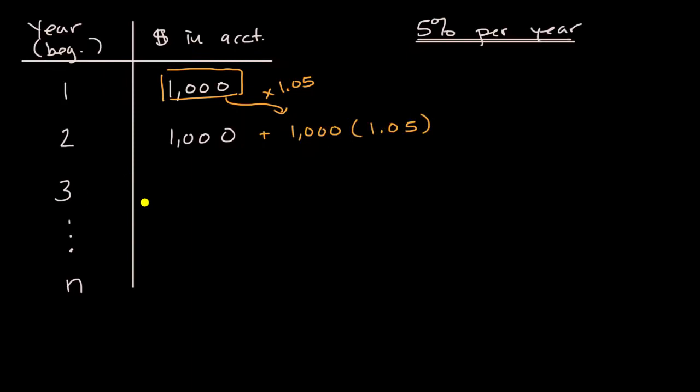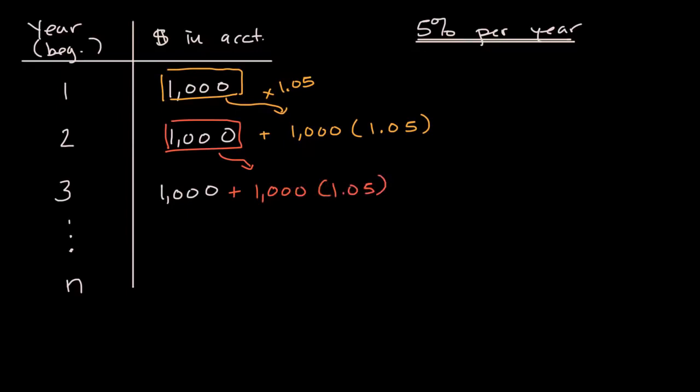Now what about the beginning of year 3? How much would I have in the bank account right when I've made that year 3 deposit? Pause this video, see if you can figure that out. Well, just like at the beginning of year 2 and the beginning of year 1, we're going to make a $1,000 deposit. But now the money from year 2 has grown by 5%. So this is now going to be $1,000 times 1.05.